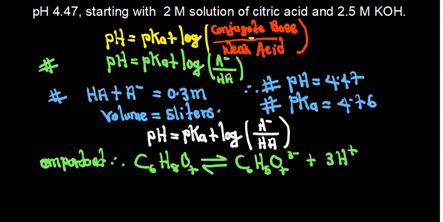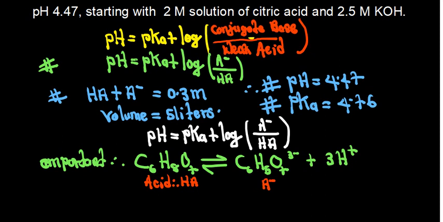So that is what we have here. I'll also label that this is our acid, which is acting as HA. And the one that is acting as A, the conjugate base, is this one here. So this is our acid, this is the conjugate base.